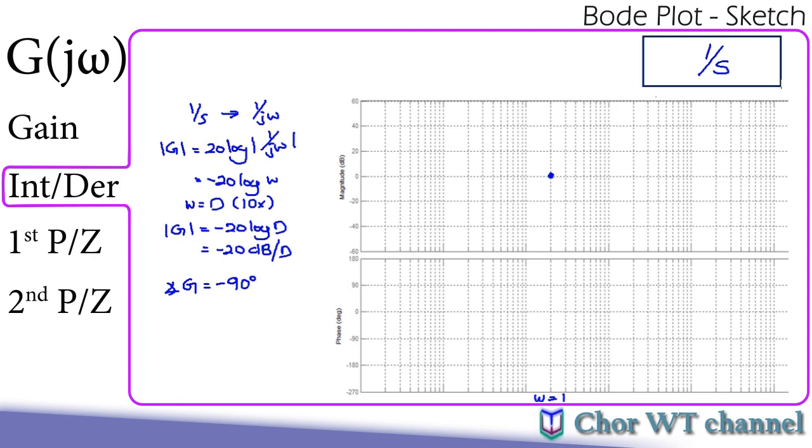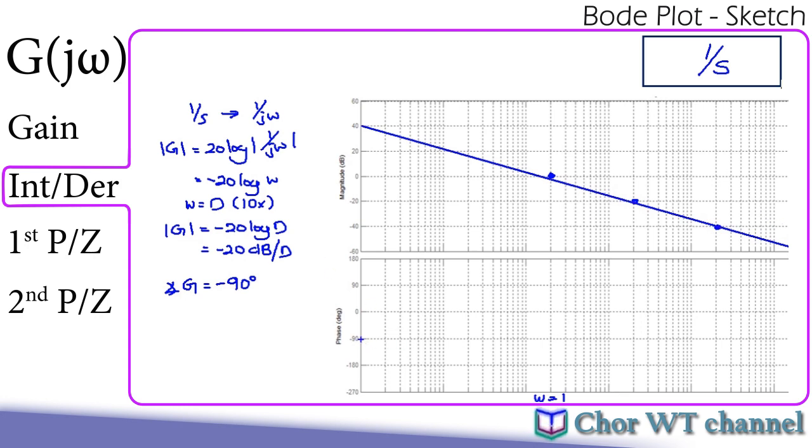So it will be at the 0 point here. For each decade, you are going to drop by negative 20 dB. So the next decade will be here, dropping negative 20 dB, and the next one will be here. If you project this line, we will form our magnitude plot. You can see that the line will be somewhat like this.